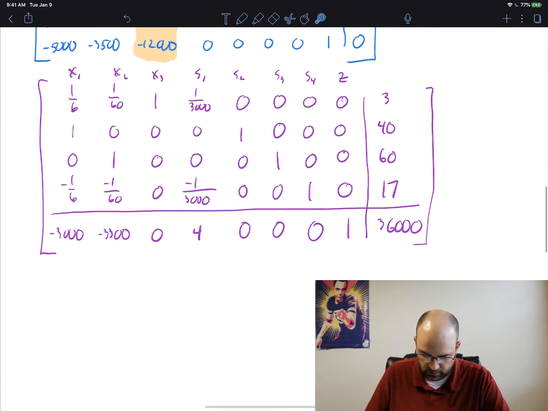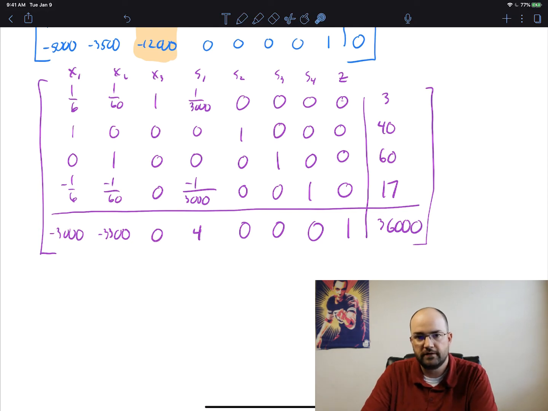Now, S2 represents the number of ads that are left over for each one. So S2 is the number left over for each one. And notice that even S4, representing the number of TV ads, are 17 of them left over because 3 of them will be used for this solution. And so the total number of people being able to reach is 36,000 here.